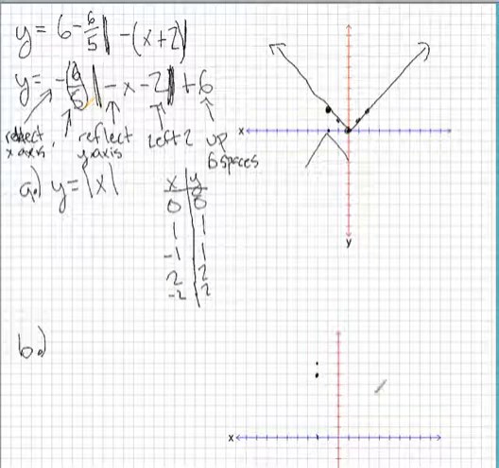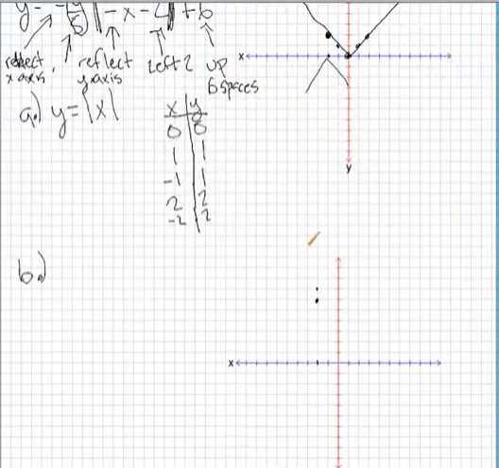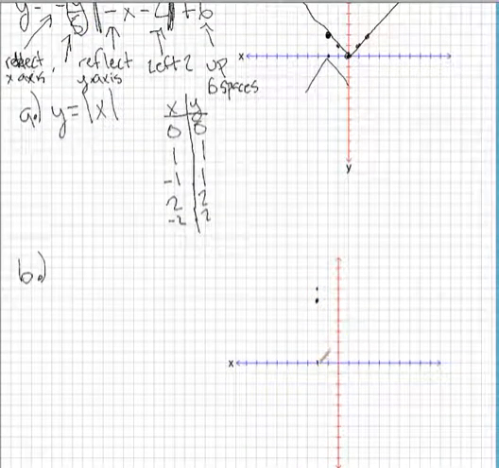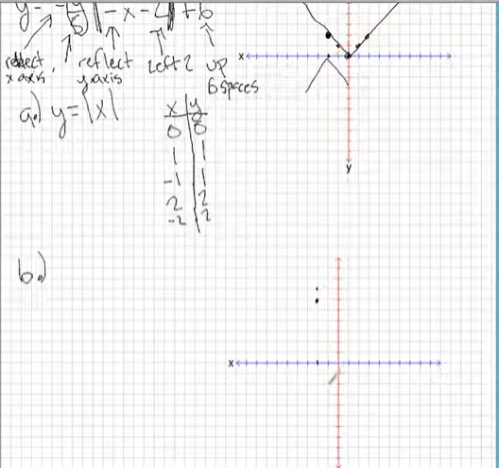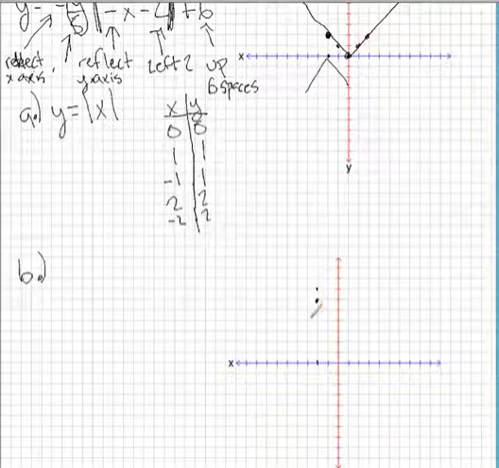This is going to be our slope for both of these lines. And since it's negative, when we reflected it, it's going to be facing down, just like up here when I reflected that. We moved that up 6 spaces. So what we want to do is go down 6 and over 5. 1, 2, 3, 4, 5.